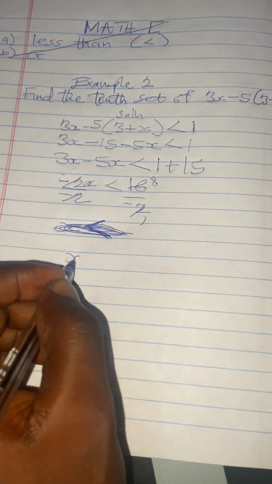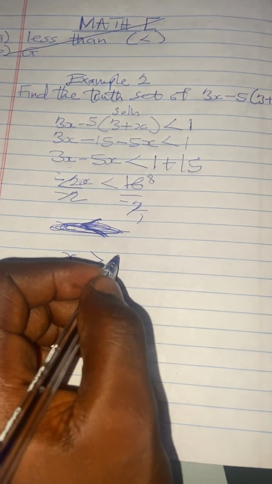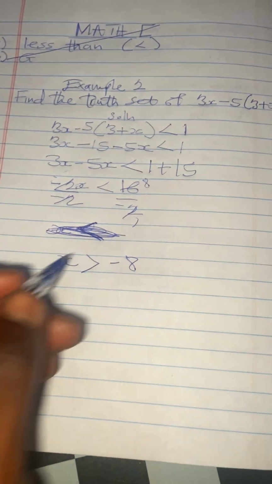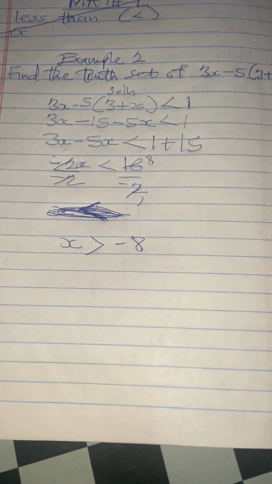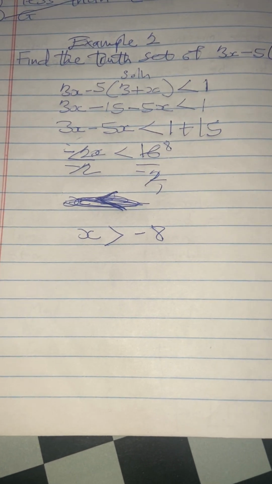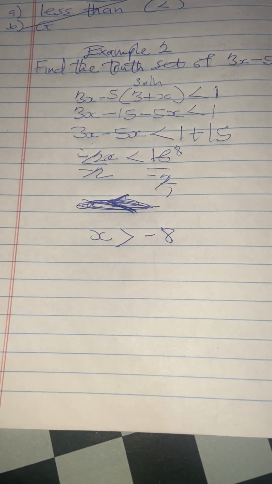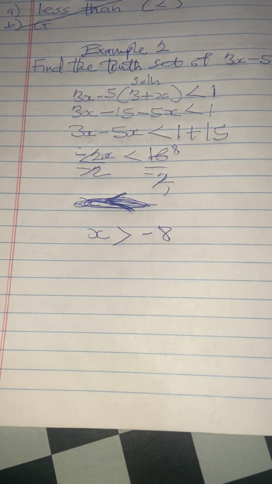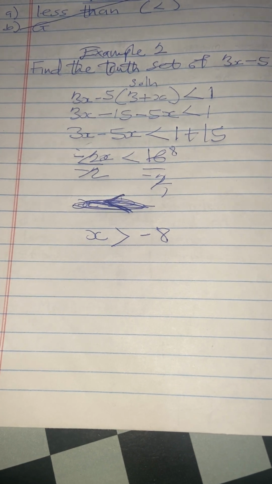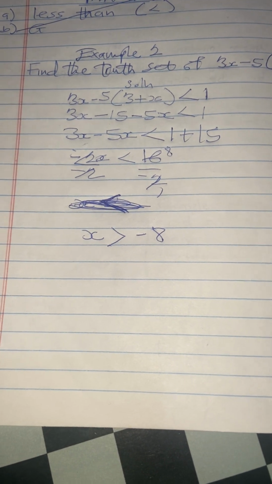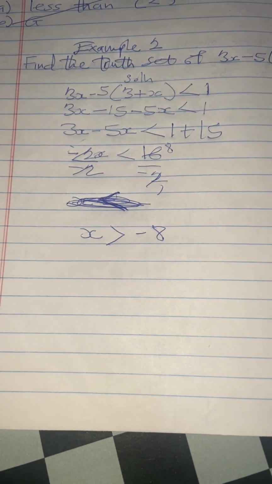So we get x is greater than negative 8. Yes. When the coefficient of the x is negative and we are dividing by it, the sign will change. So x is greater than negative 8 as your final answer.